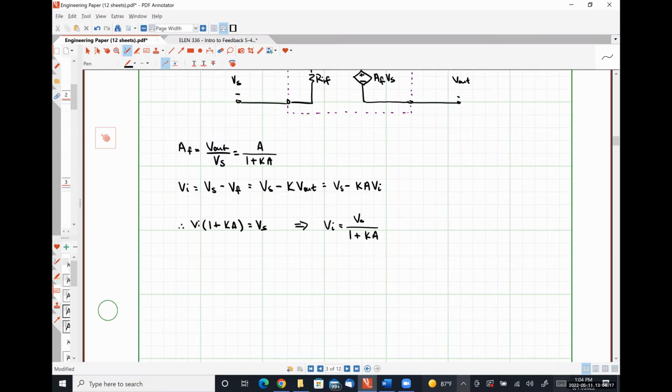So effectively, our negative feedback here serves to make the input voltage across the terminals of the open loop amplifier as small as possible. In an ideal case, this would be 0.